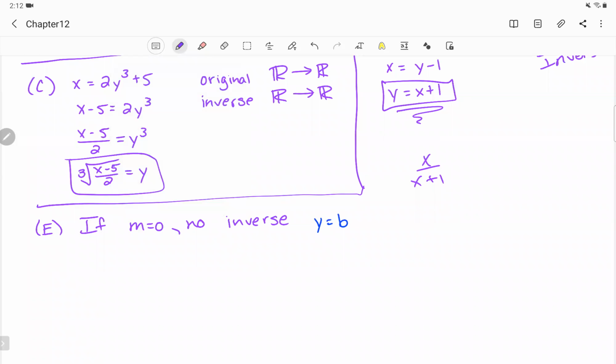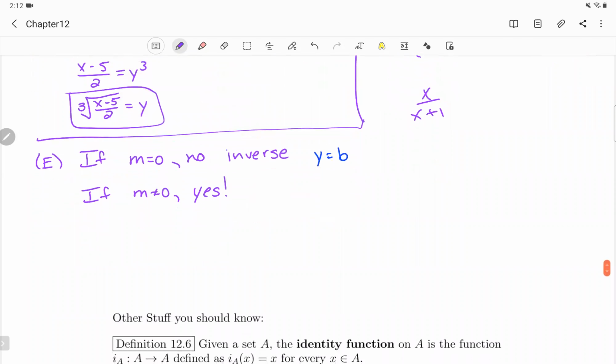But in most cases, we have our slope not equal to 0. Then yes, it is 1-to-1. We can get an inverse. Well, let's see. Swap your x and your y.